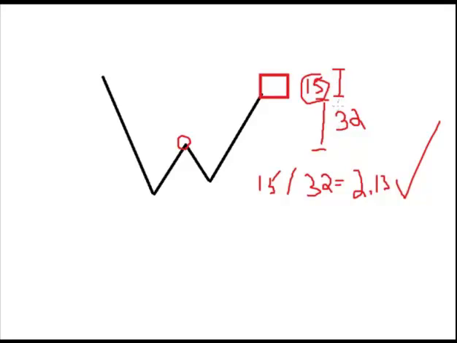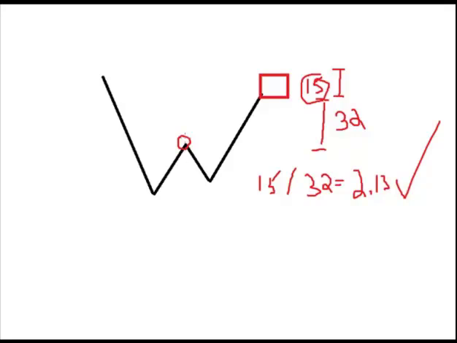If this was, let's just say, 16 pips, and this was like a 1.06 or whatever risk versus reward, that wouldn't be something we want to take. We're not going to risk 15 pips just to gain 15 pips as well. Now, there is a little trick you can use.